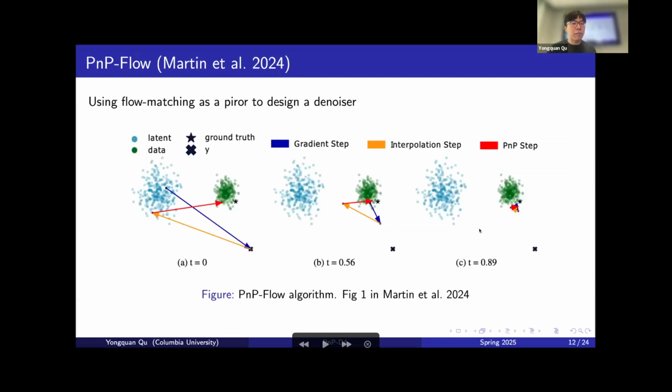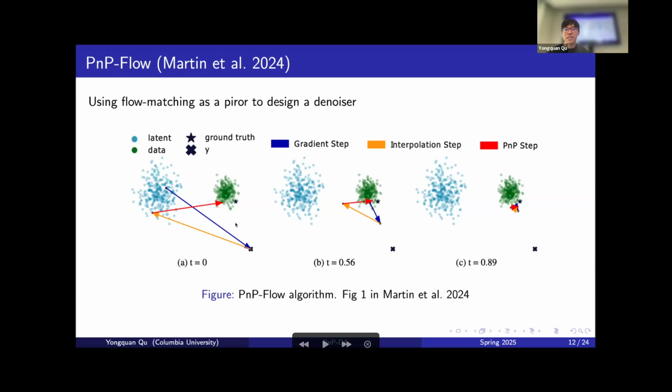So here is a very recent paper. It was actually presented several weeks ago. They use flow matching as a prior to design this denoiser. To explain flow matching a little, let's just ignore these arrows. Essentially, flow matching finds a probability path between your reference distribution, which is usually very tractable, like a Gaussian distribution, and your data distribution. You transform this latent distribution into your data distribution along some probability path, and you learn the motion along this process, whose velocity is parameterized by a neural network.